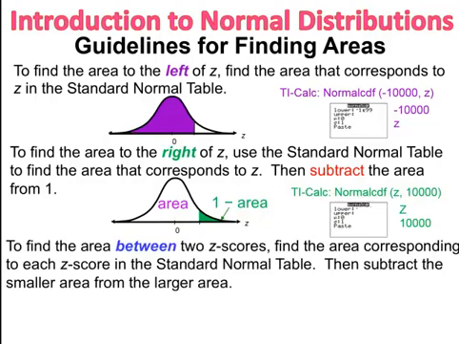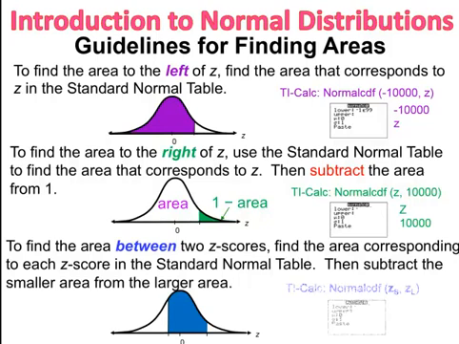And then lastly, when you're finding the area between two z-scores, find the corresponding area to each z-score in the standard normal table, then subtract the smaller area from the larger. So if you're given a curve where you're given an area between two z-values, you would have to find the area for each z-value in the table and then subtract them from each other.